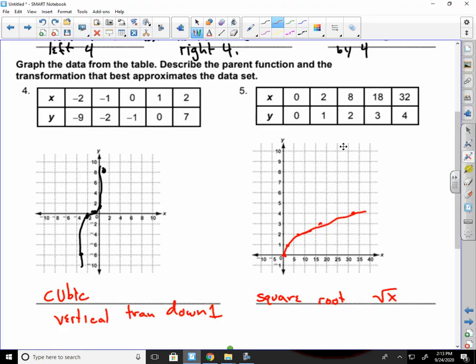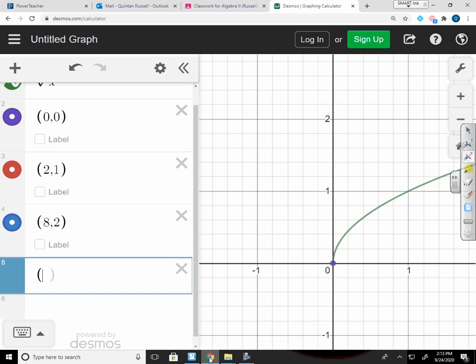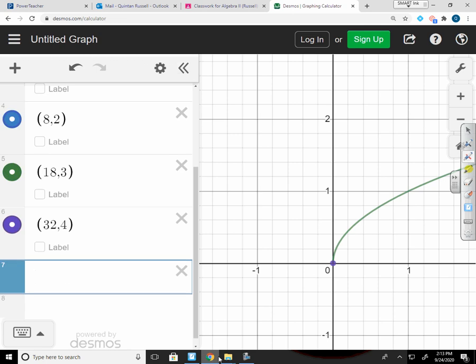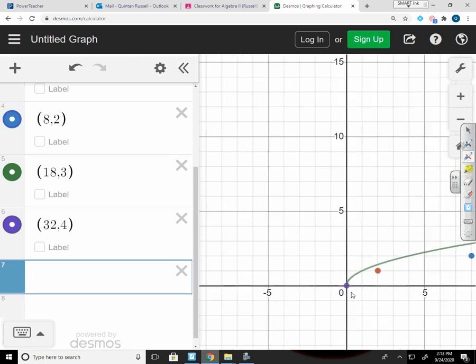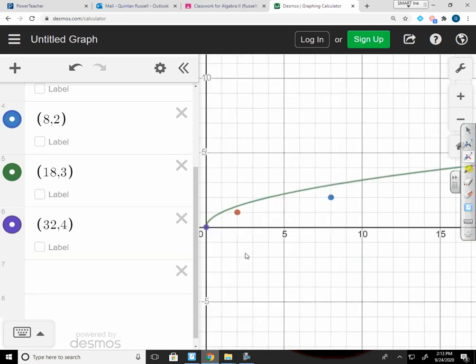And I can keep going. 18, 3, 32, 4. Okay, I can scroll out now as far as I want.